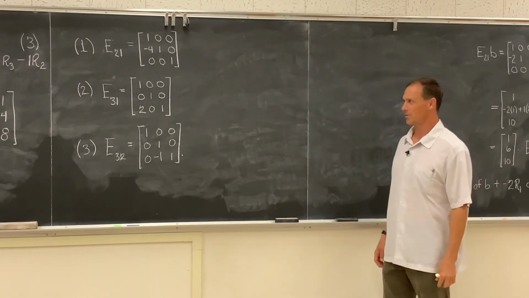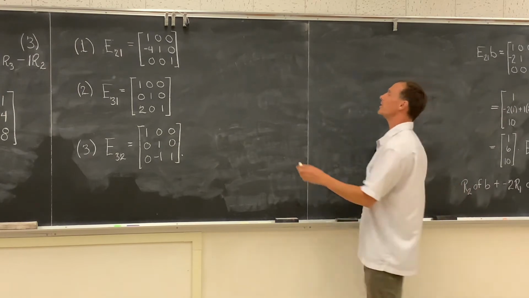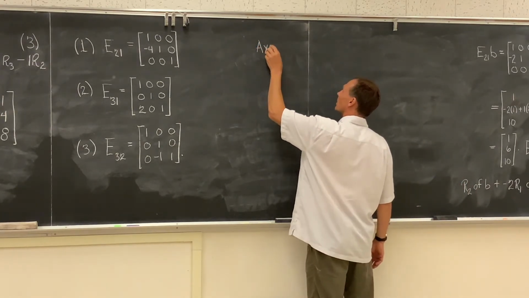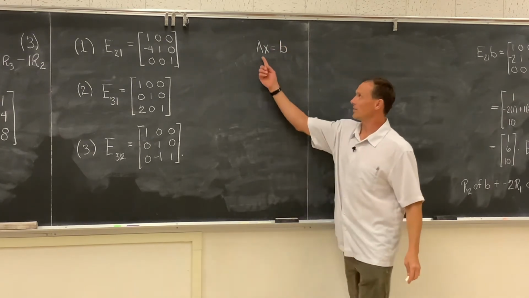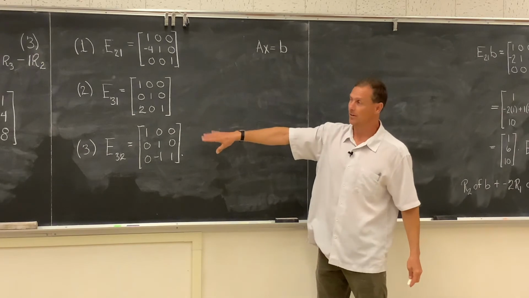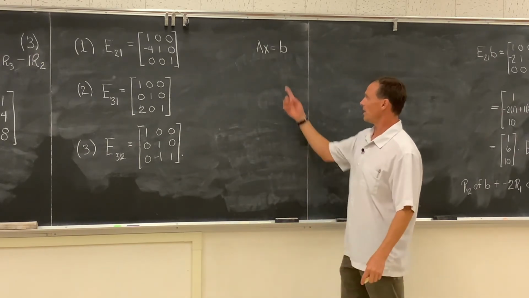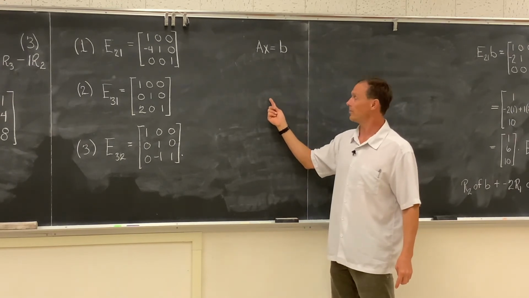Now, here comes the big step. Here comes the big step. We started with this. We wanted to solve the problem AX equals B. And now, this is not a general A like I erased here. This is that A over there, our starting A. And we made all these row operations to get to UX equals C.